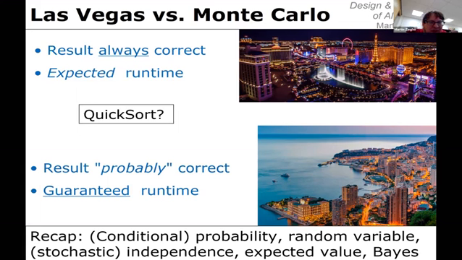The majority says it's Las Vegas, and indeed that's correct. Why is that correct? Because the result of randomized quicksort will always be a correctly sorted sequence. The only thing we cannot entirely predict about randomized quicksort is its runtime.